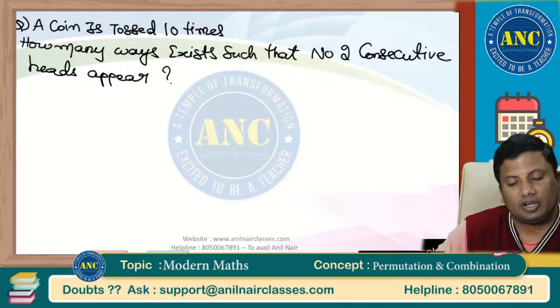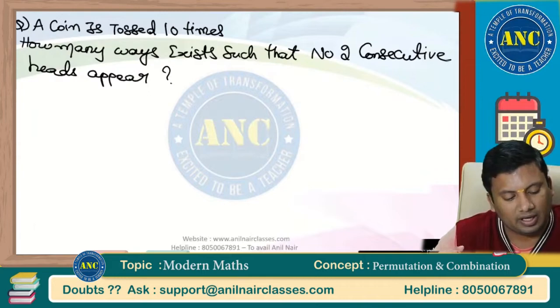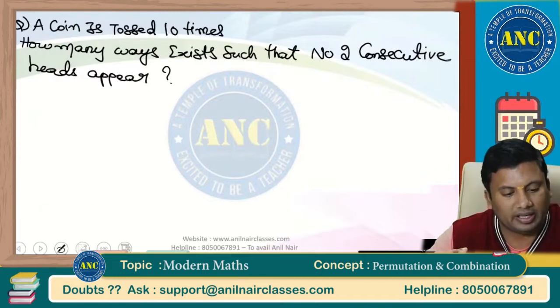A coin is tossed 10 times. How many ways exist such that no 2 consecutive heads appear? Beautiful question, sir, where counting can be avoided.